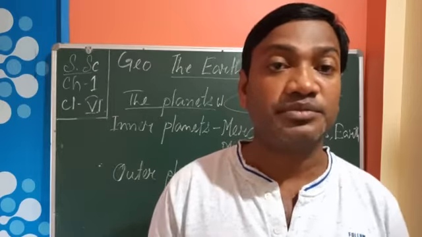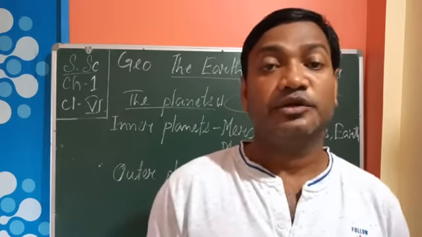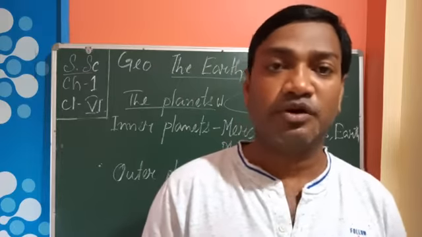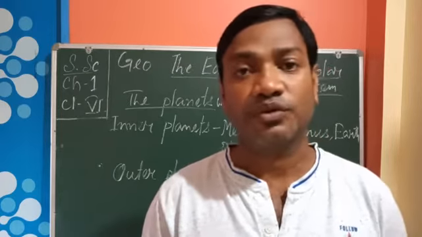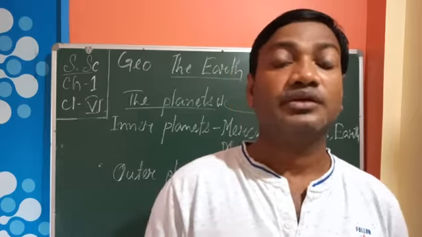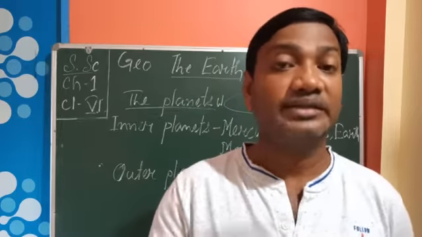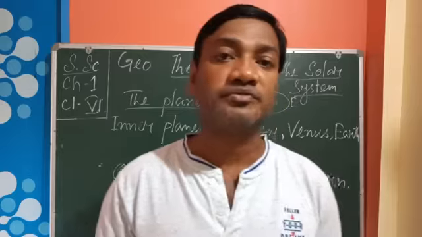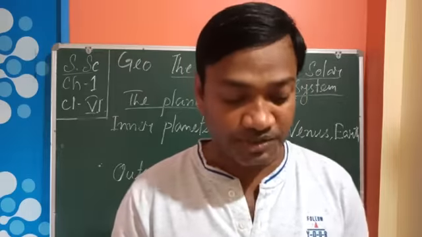I think in your previous classes, class 3, 4, 5 also, you have found that water has three forms. And why are three forms possible? Because of the favorable temperature.